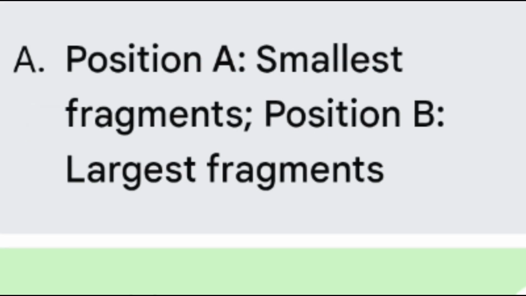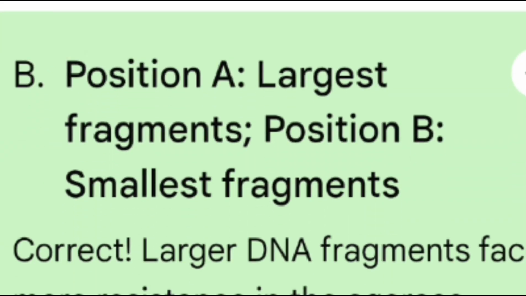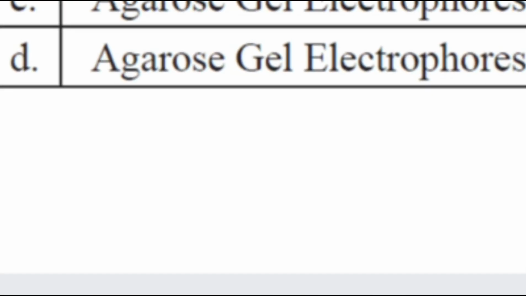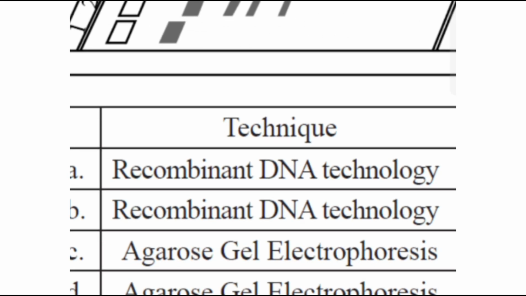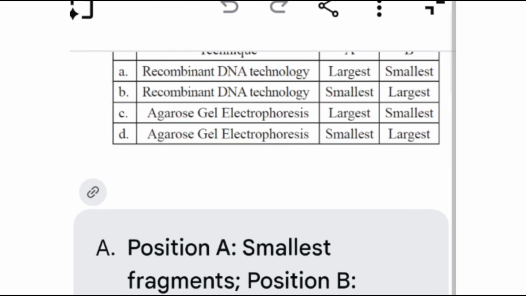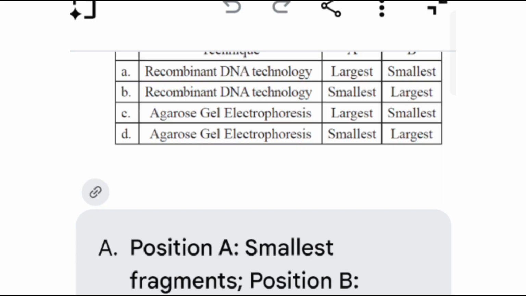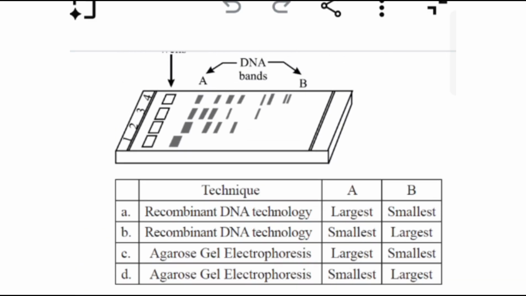Now how can we get this answer? Larger DNA fragments face more resistance in the agarose matrix and stay near the well. We can see here the well, and which one is staying near the well. Whereas the small fragments move faster toward the farther end. Here we can see it is moving toward the farther end.